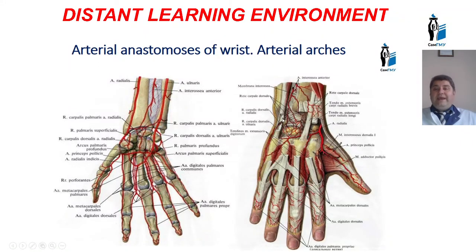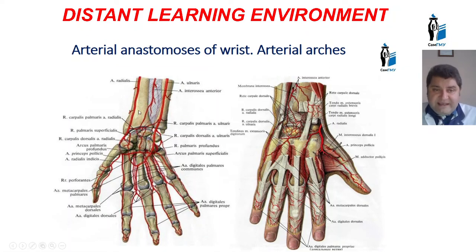And now we can see the dorsal carpal branches from the ulnar and from the radial artery, and you may see the passing of this artery to the posterior side of the wrist joint, and here you may see the formation of the wrist dorsal arterial network, with the dorsal carpal arteries from the radial artery and from the ulnar artery.